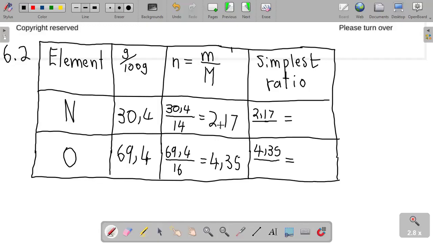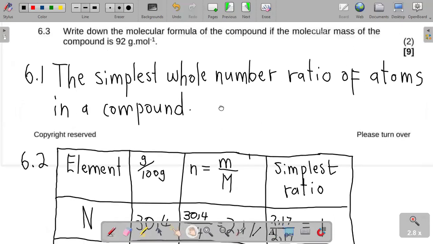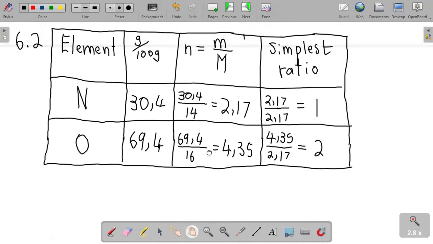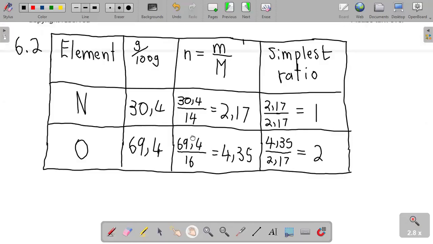We divide by 2.17 everywhere. Here we get 1, here we get 2. So the simplest ratio is 1 and 2.